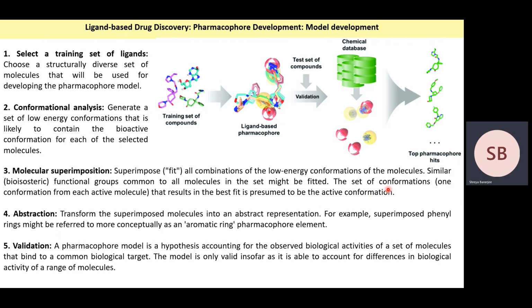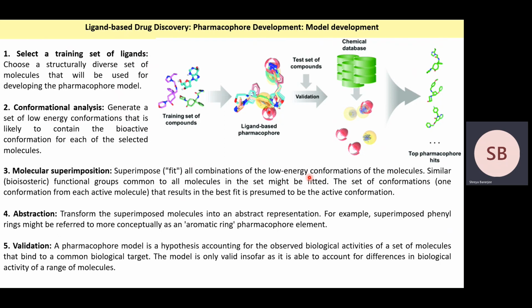So basically what is done here is that from the conformational analysis, we have found the set of low energy conformations within which the bioactive conformation is contained. So one conformation from each active molecule is found by the conformational analysis.